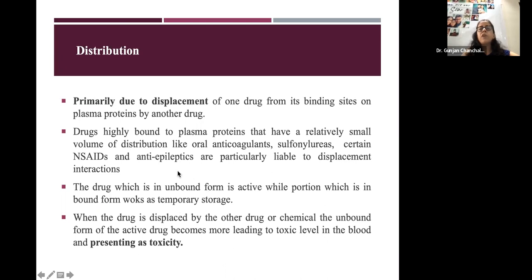Okay, so the unbound fraction is actually the active form. So when one drug displaces the other, the amount of the free, unbound form in the serum will increase, and thus the effect and eventually the toxicity of that drug will increase. Okay, we'll come to more examples.